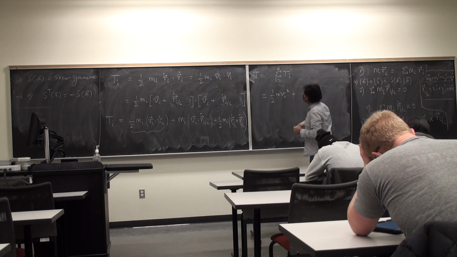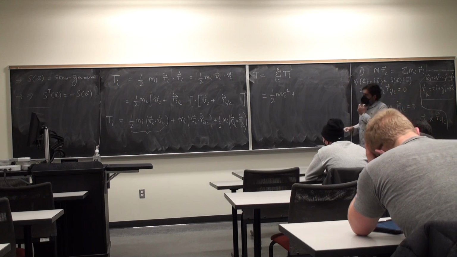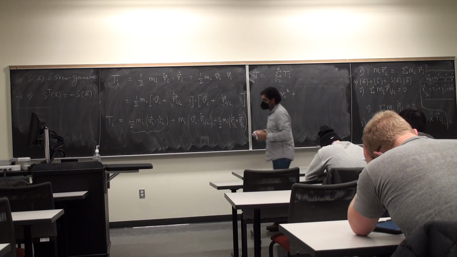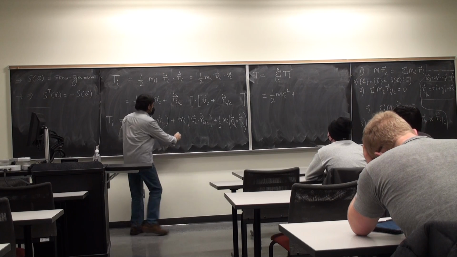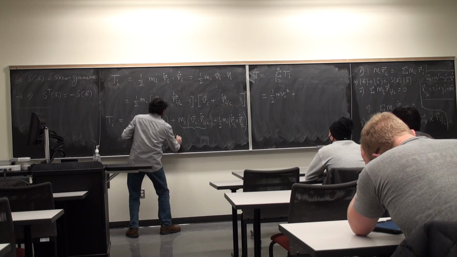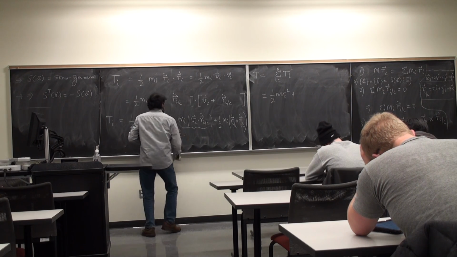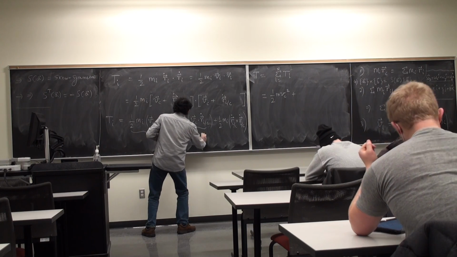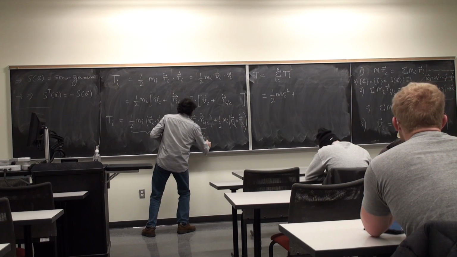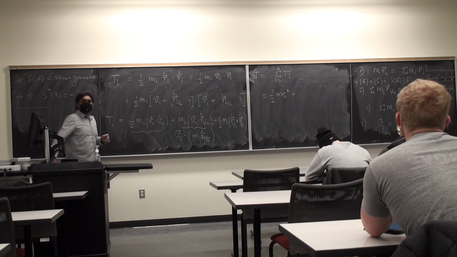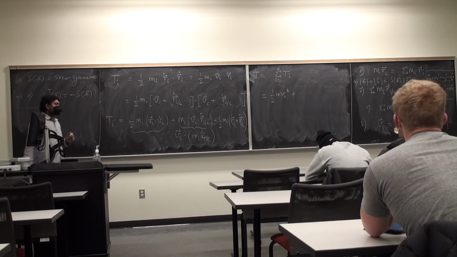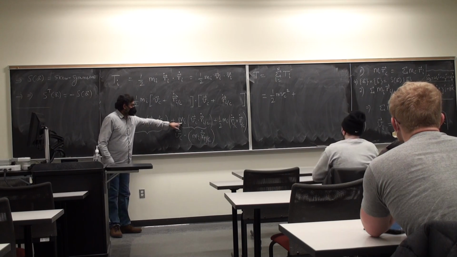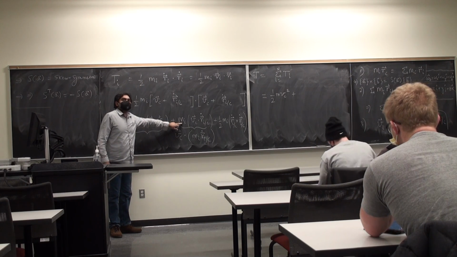Then I'm going to have a summation, and look at this term. I'm going to write it as Vc dotted with mi r dot i/c. There is nothing wrong with that. I'm just shifting the order within the dot product. The mass is a constant. It's not a vector, right?